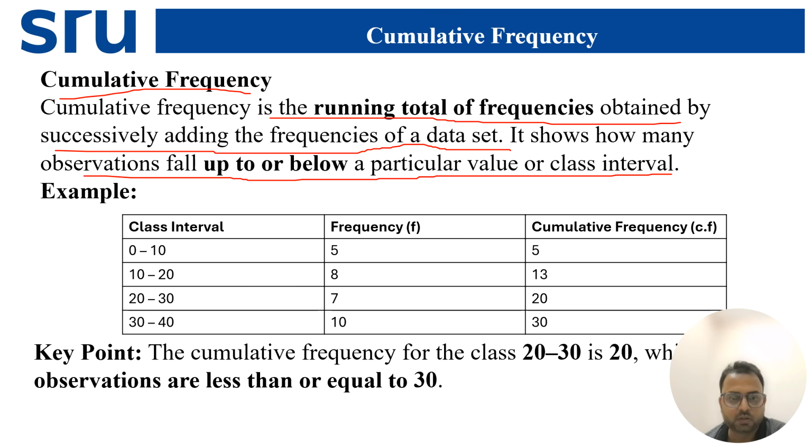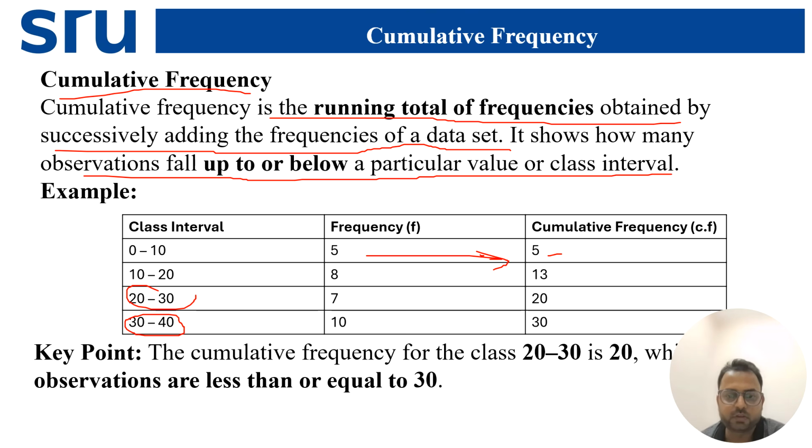For example, class intervals 0 to 10, 10 to 20, 20 to 30, 30 to 40, and frequencies are 5, 8, 7, 10. So cumulative frequency is 5. We take it as it is, 5, and then we add: 5 plus 8 is 13, then 7 plus 13 is 20, and then 10 plus 20 is 30.